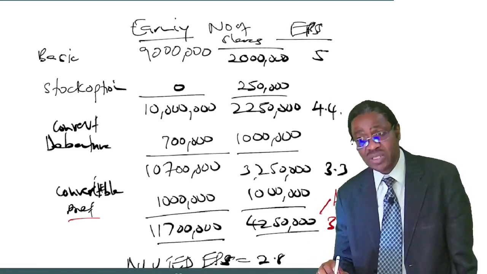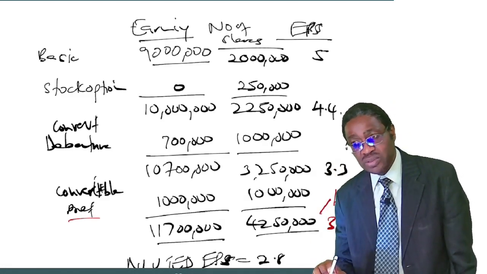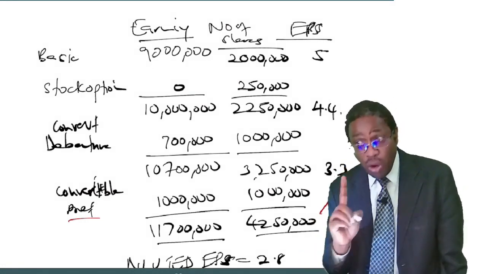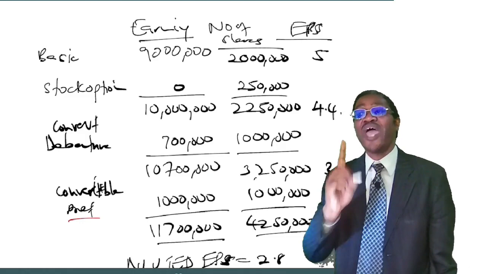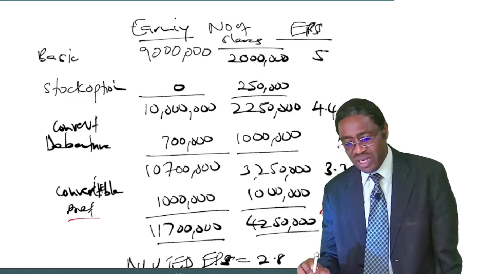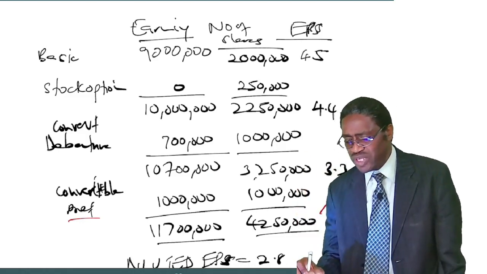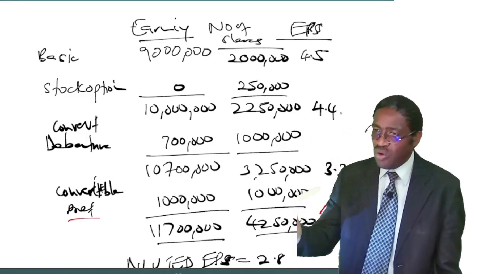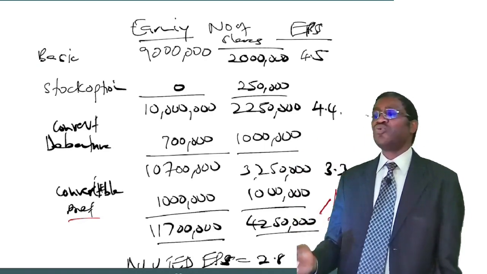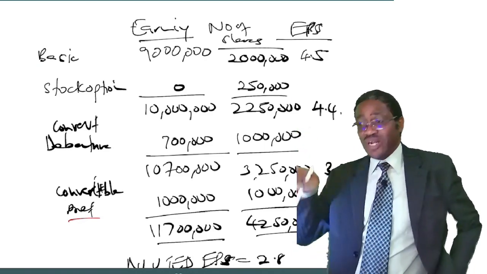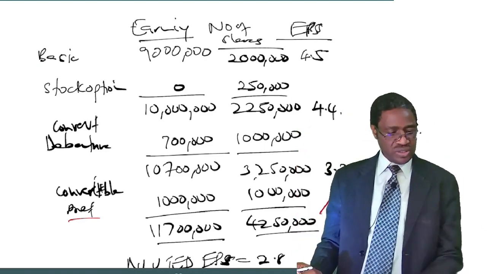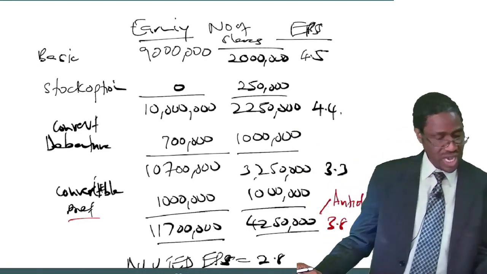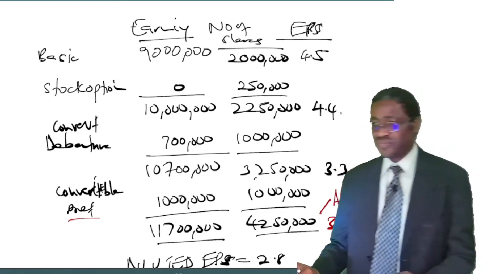Now use the 9, which is the earnings attributable to ordinary shareholders from continuing operations only. You exclude the discontinued. Then you divide by 2 million shares. That will give you EPS of 4. Then you go on diluting it until you get the last one. Then you choose the lowest. Are we together so far? I hope we are together now.